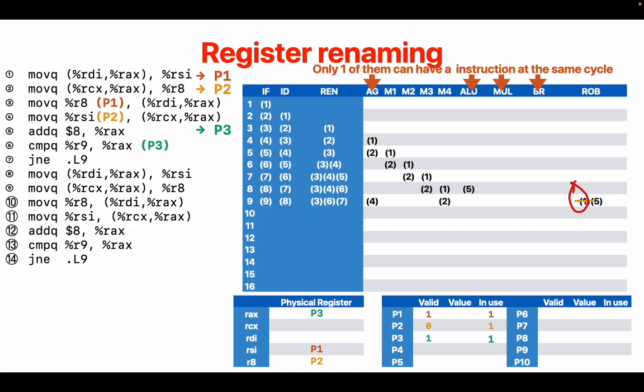But in the meantime, I also have 5 that is in a reorder buffer that is waiting to be retired. But based on the logic we said, until all the instructions before me, I cannot retire, right?